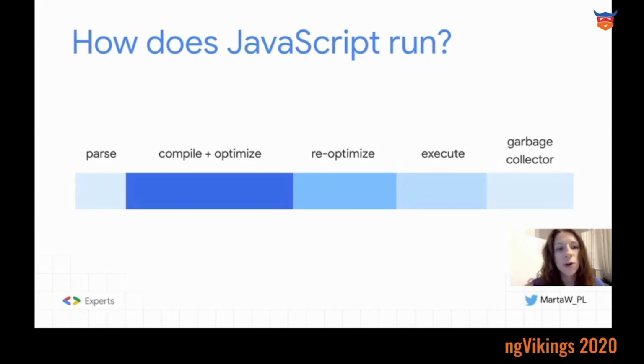The next phase is re-optimizing. This is another time that we need to optimize code back to the baseline code. The next phase is execution, so the time it takes to run the code. And at the end, we need to clean up memory, and we have the garbage collector.